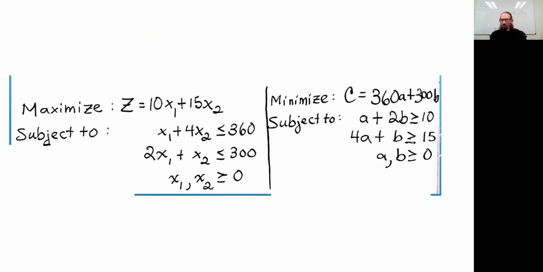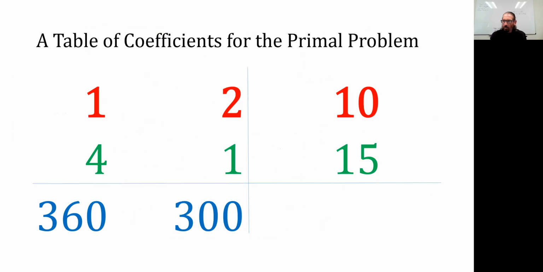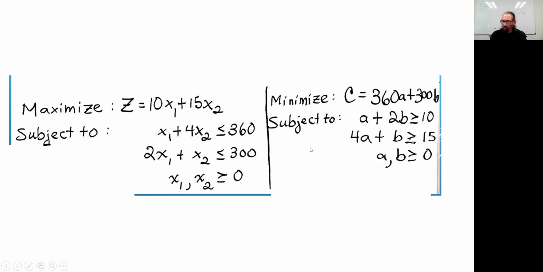And here was the standard maximization problem that I wanted you to compare to. I said that we were seeing a lot of the same coefficients, but in different places. If we take the original first problem as the standard minimization problem, I'm taking the 1, 2, and 10 from the first regular constraint as the first row, the 4, 1, and 15 from the second regular constraint as the second row, and then the 360, 300, and it doesn't matter what I put for the third thing.